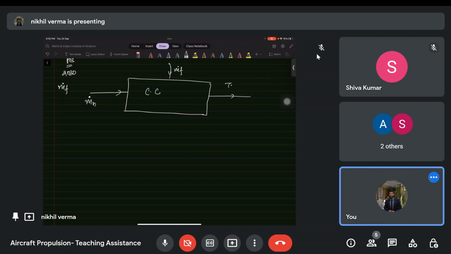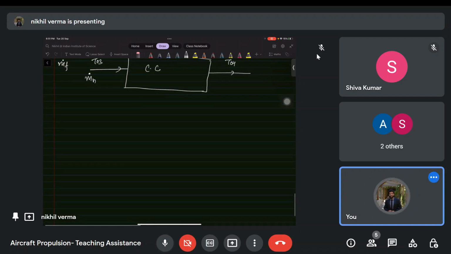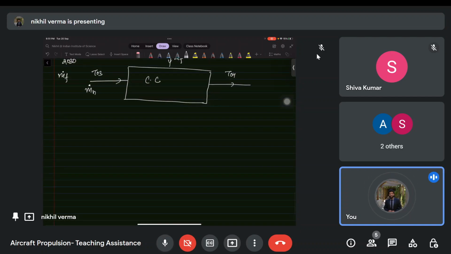This is T naught 4. This is T naught 3. Right. So if you write this, m dot h into T naught 3 plus m dot f into delta h f is equal to m dot h plus m dot f into T naught 4. Okay, there will be cp.